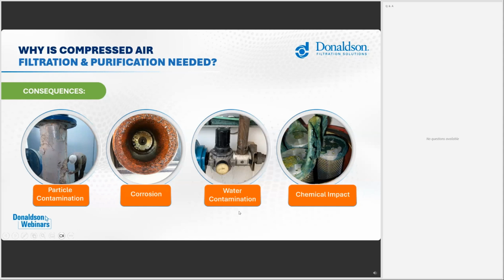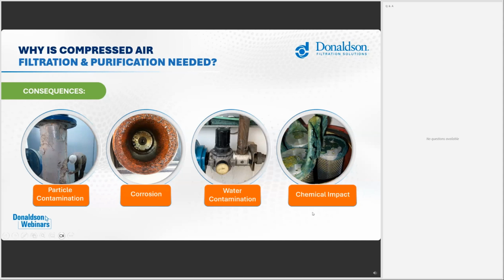Water contamination plays also a very important role. Sometimes it's unbelievable how much water is generated from a compressor system, depending also on the ambient temperature and the cooling system. It might be that there are hundreds of liters per hour coming into a system, and if this is not maintained and managed perfectly, then you find really issues with flooding your compressed air system with water.